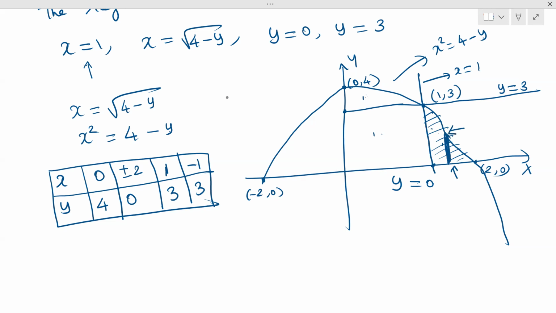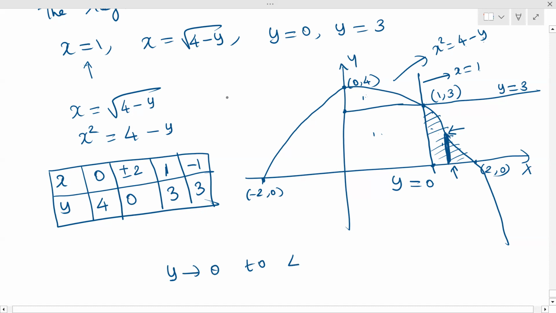Here what is the value of y? It touches the curve. This is nothing but the curve whose equation is x square equal to 4 minus y. So that means y equal to 4 minus x square. So y varies from 0 to 4 minus x square.